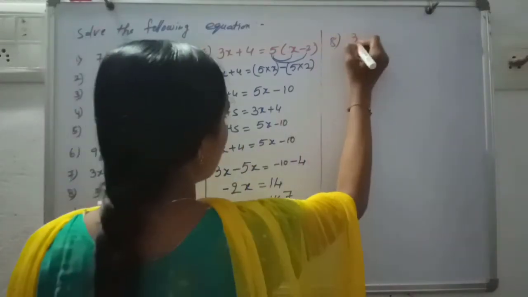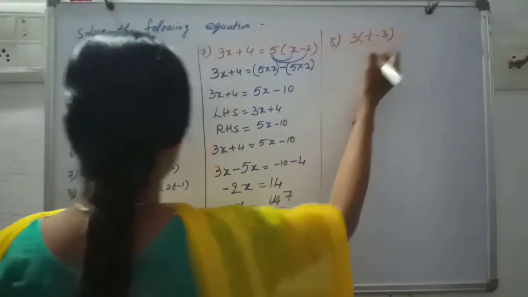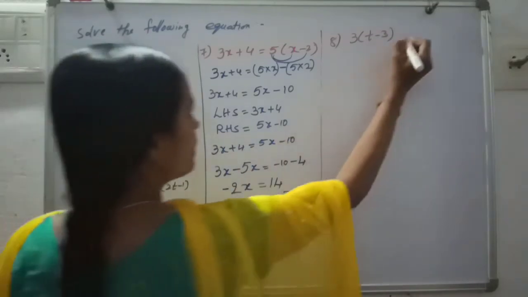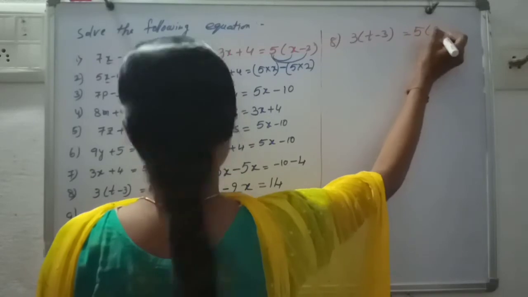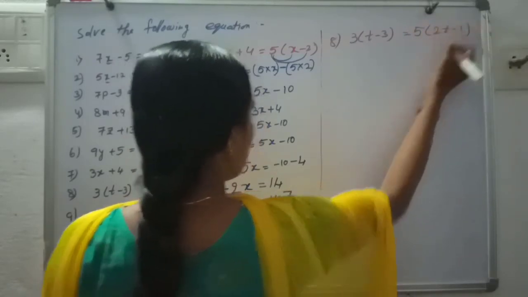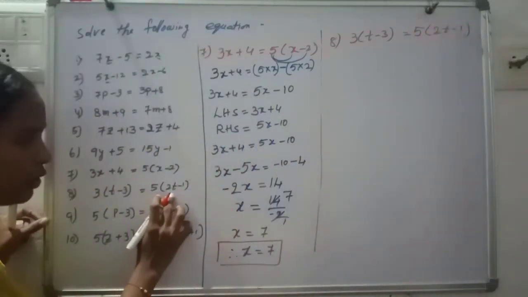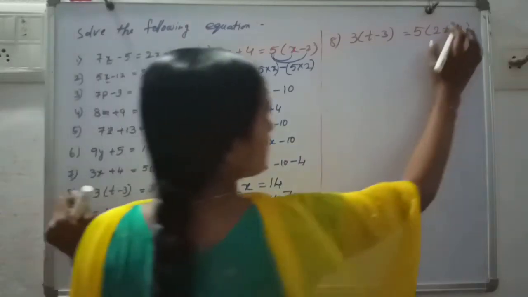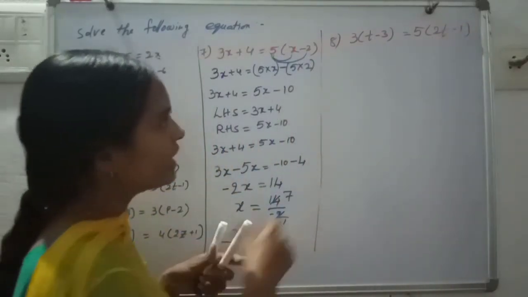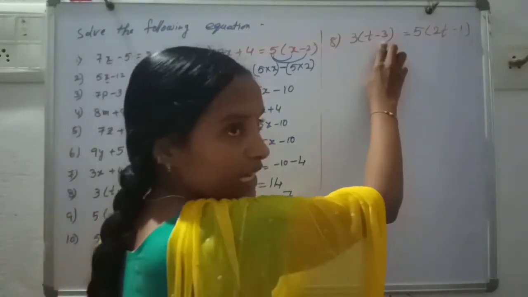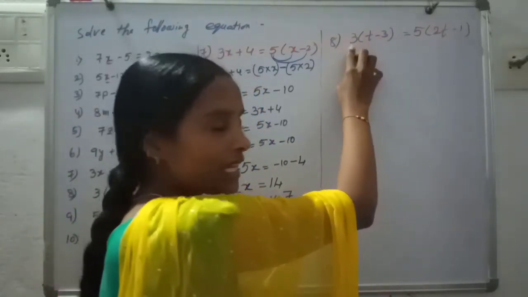3 into t minus 3 equal to 5 into 2t minus 1. This is the t value. Now here t minus 3, then multiply with the 3.